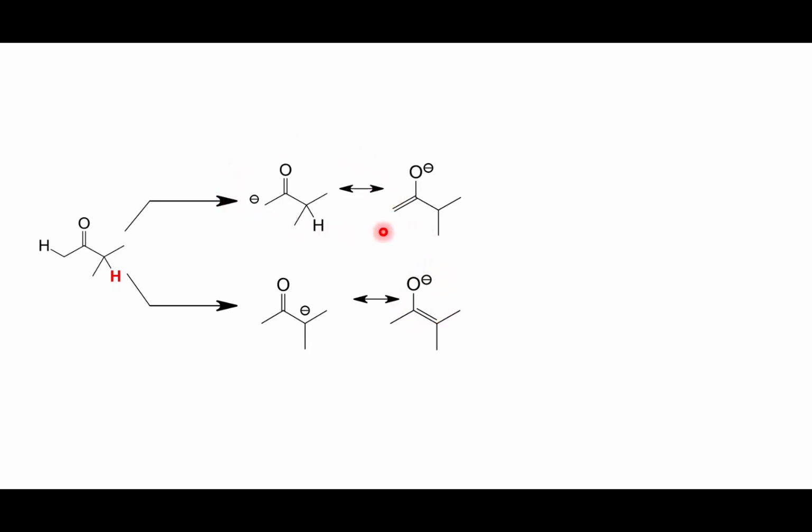Now, if we compare this set of enolates with this set of enolates down below, we can make some comments. The first thing we can say is that this H is probably easier to lose since it's not nested between these 2 methyl groups. So it's more accessible, and if it's more accessible, then it should be able to be deprotonated at a faster rate.